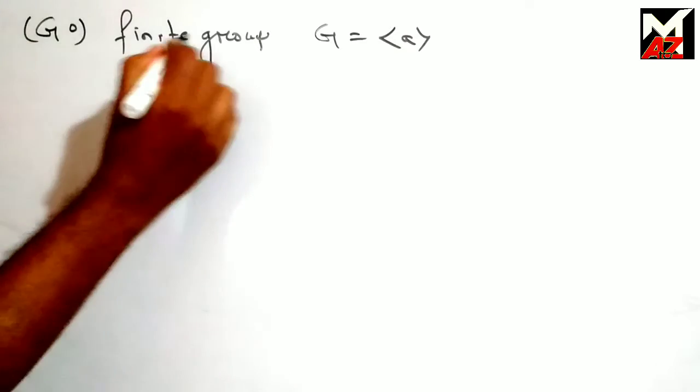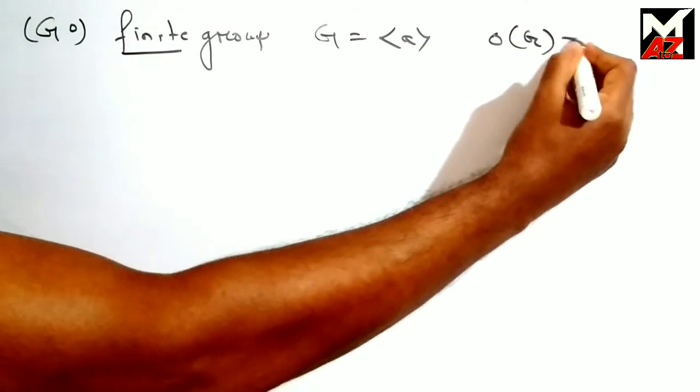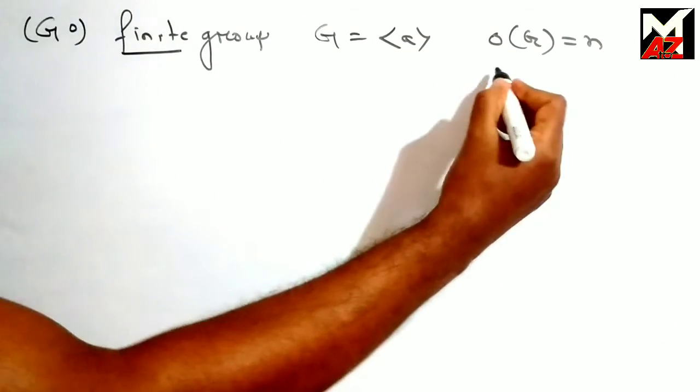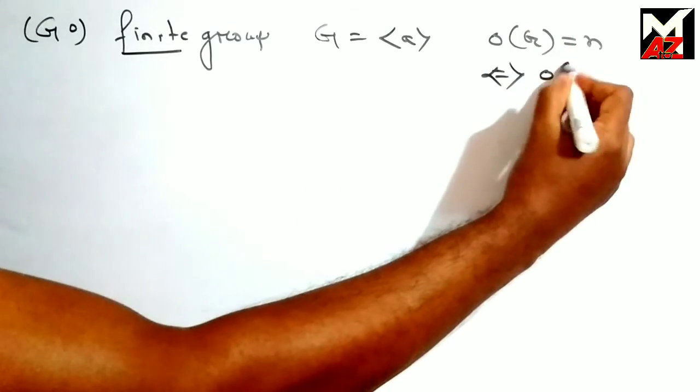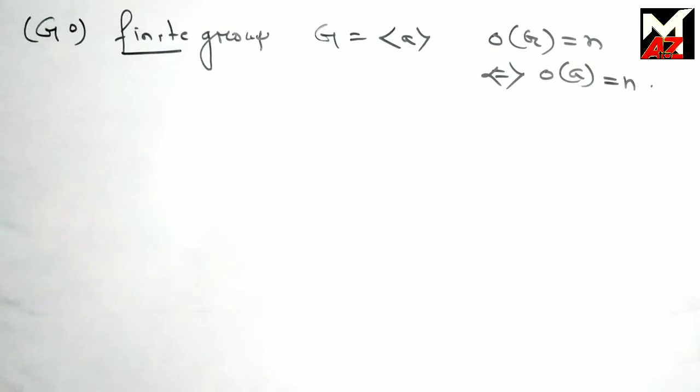Since it is a finite group, the order of G must be finite, let it be n, and this is implied by and implies that the order of a is equal to n. So we say that the order of a cyclic group must be equal to the order of the generator of this cyclic group. Now we go to the first part.